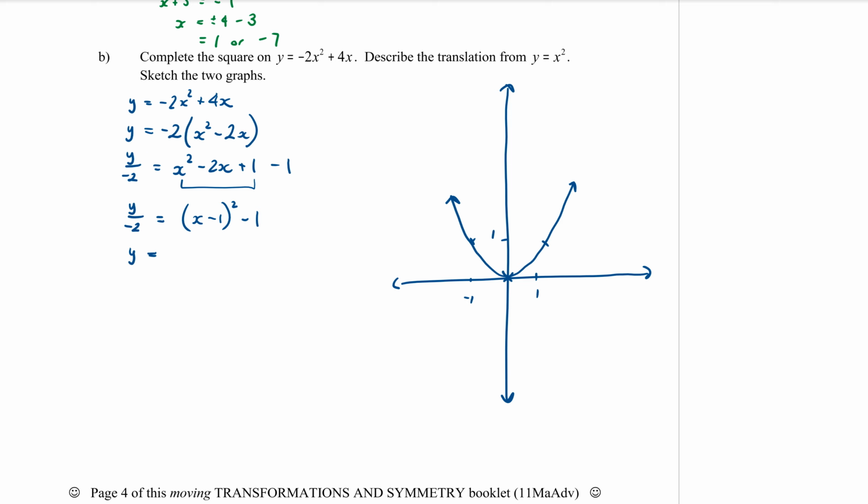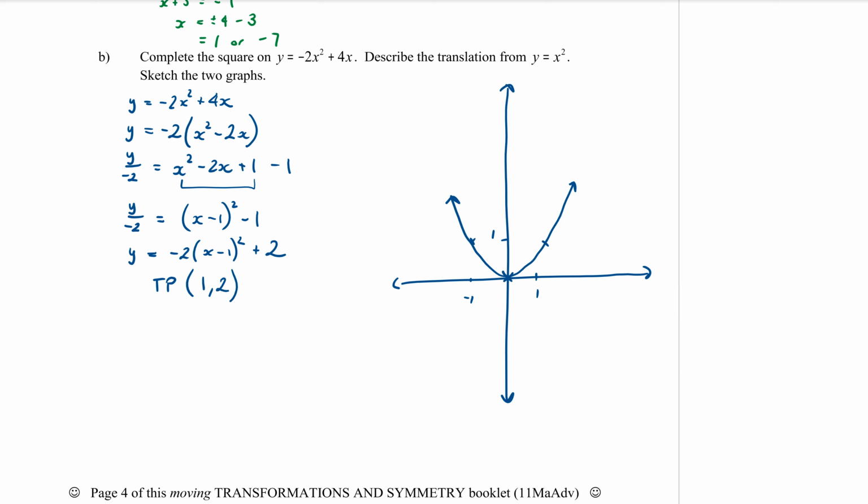So that'll be minus 2 times by the x minus 1 squared. Minus 2 times minus 1 makes a plus 2. So we can now read off our turning point. The x value comes from my bracket here. It's the opposite of minus 1, which is 1. And the y value comes from the number on the end, which is the 2.